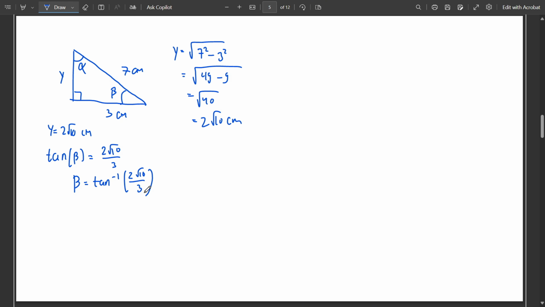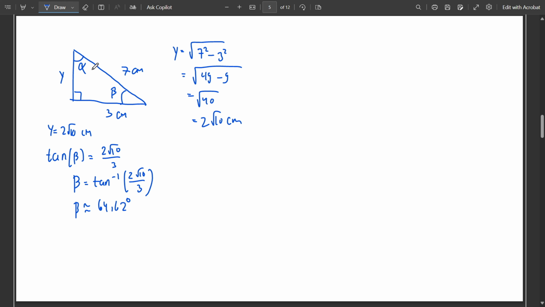That is just approximately 64.62 degrees. Okay, that's our beta. So our beta here is approximately 64.62 degrees. That's our beta.